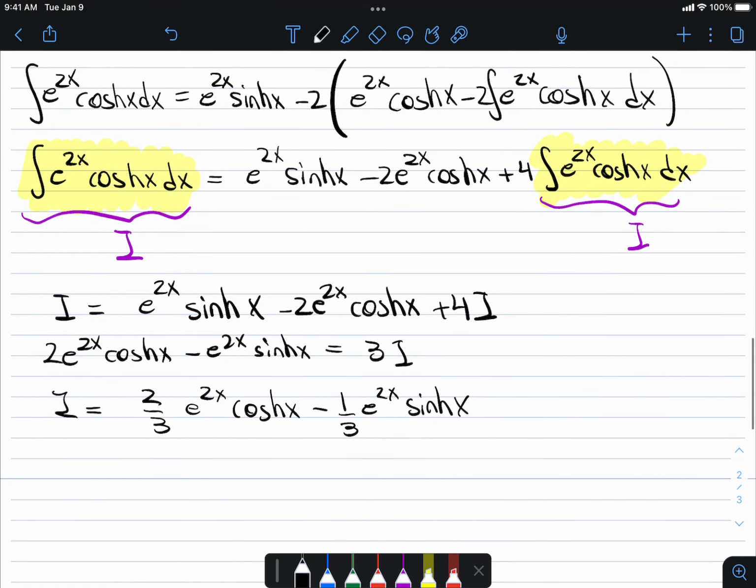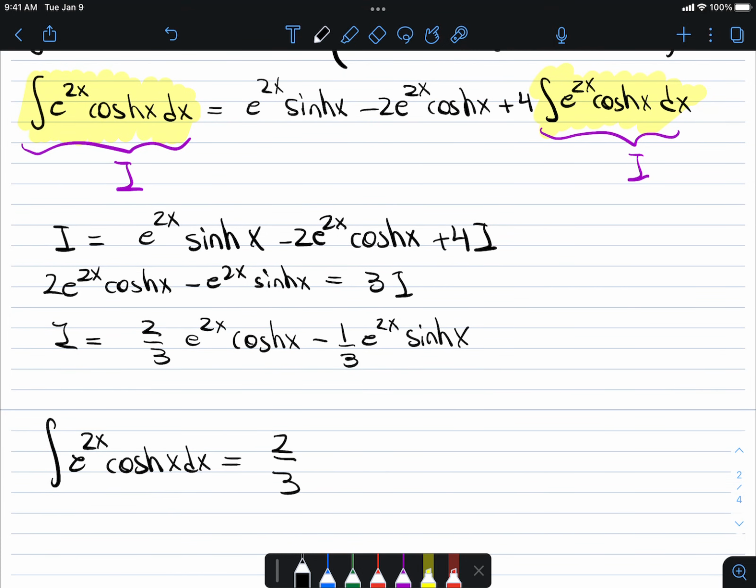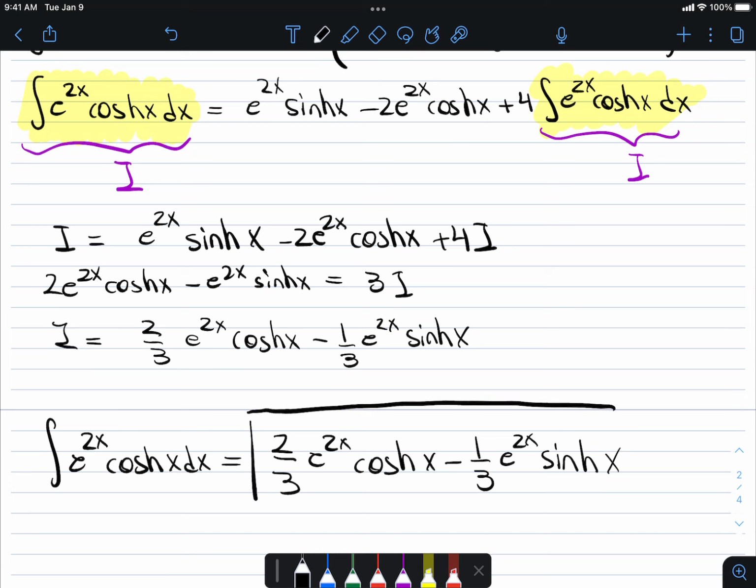And then remember that I was the integral of e to the 2x cosine hyperbolic x dx, and that means this equals 2/3 e to the 2x cosine hyperbolic x minus 1/3 e to the 2x sine hyperbolic x. This is the answer.